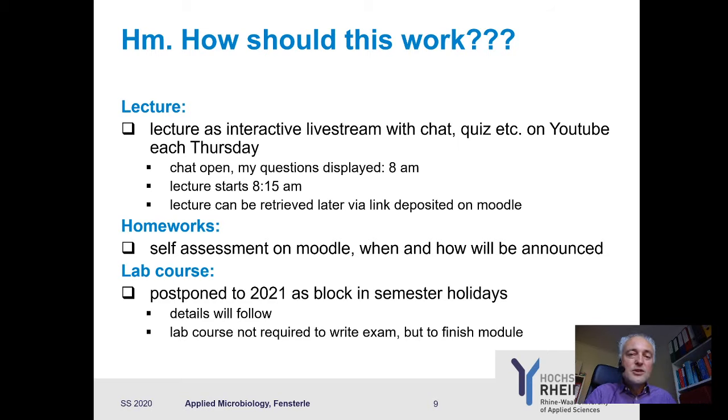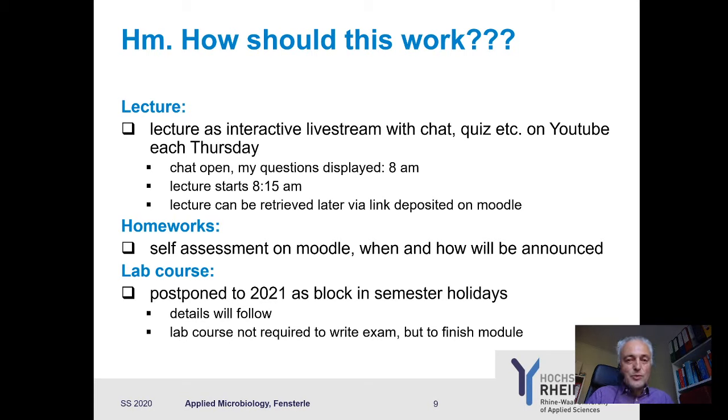And of course, you can follow on courses like bioprocess engineering and so on, for which usually you are required to have applied microbiology. Of course, you can participate in them even if you have not yet done the lab course. That's not a problem. So the lab course will be a real lab course, but it will simply be postponed. For you at present, it doesn't matter.